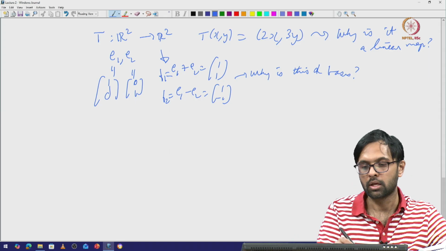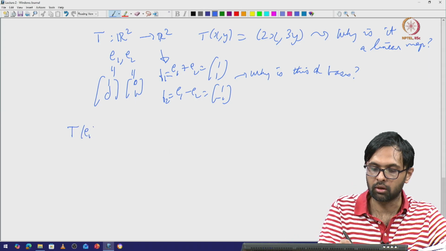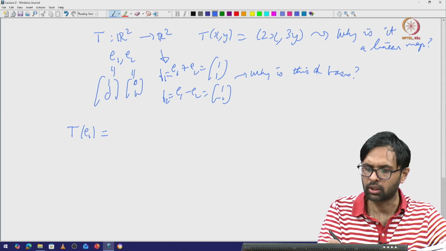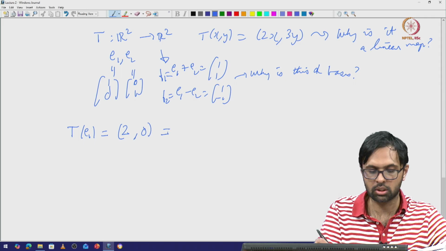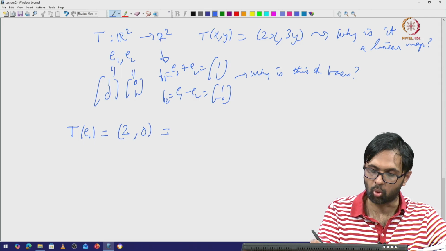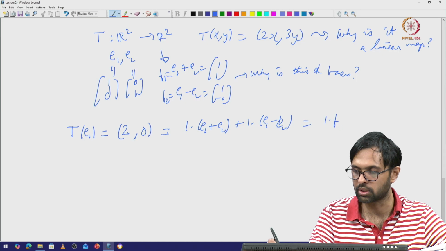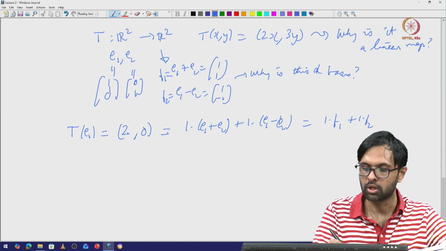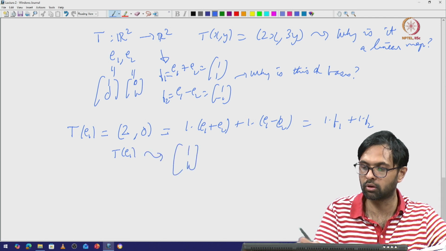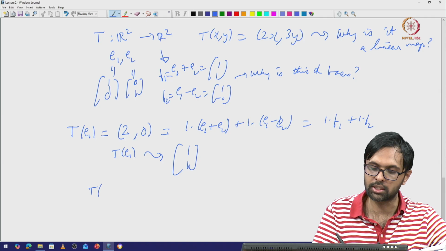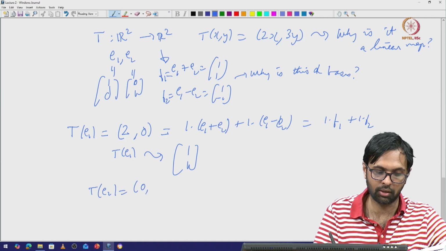So what is T of E1 again? T of E1 is (2, 0), which is equal to 1 times (E1 plus E2) plus 1 times (E1 minus E2), which means it's 1 times F1 plus 1 times F2. So the column vector corresponding to T of E1 is the collection of coefficients 1 and 1. Likewise, T of E2 is (0, 3).